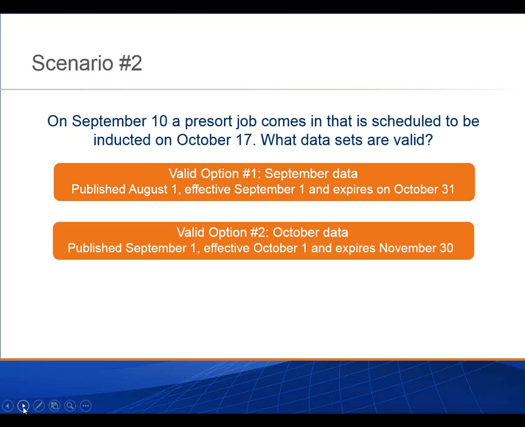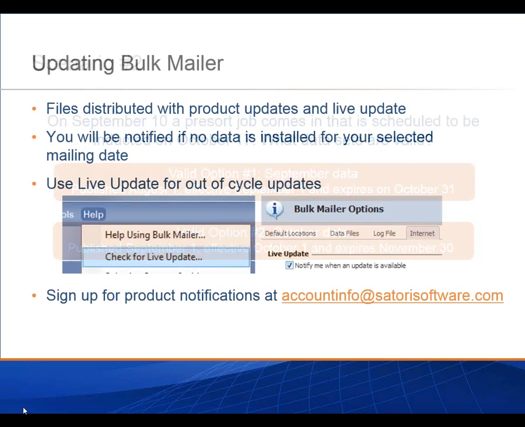The October data is in the notification period because it got published on September 1st, but since the job is not going to be inducted until October 17th, the October data would also be a valid data set to use. So in this scenario, if you're mailing in October, your valid data sets could be either September data or October data.